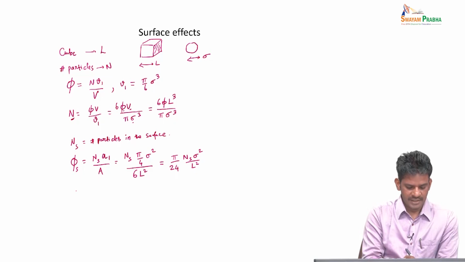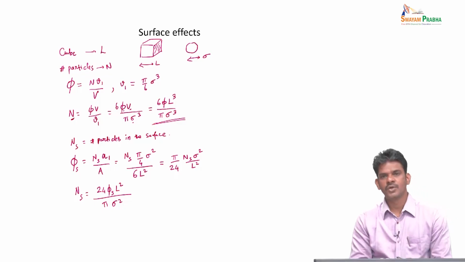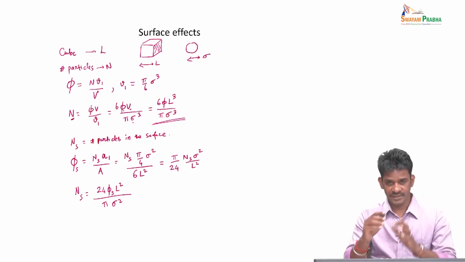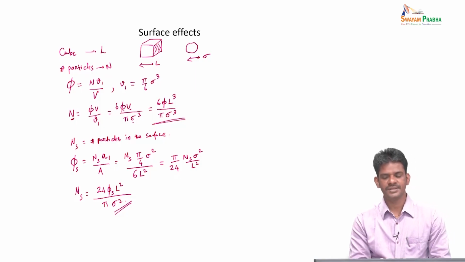So from here let's solve for the number of particles on the surface NS. So then you get 24... So we got basically 2 expressions, one that is relating to the total number of particles in the entire system, and another expression for the total number of particles in the surface.